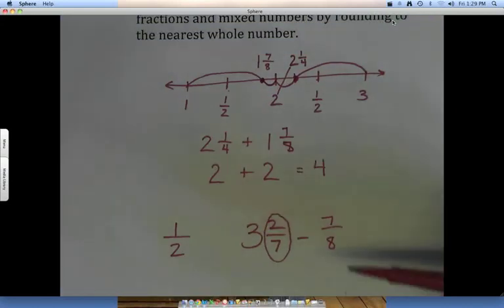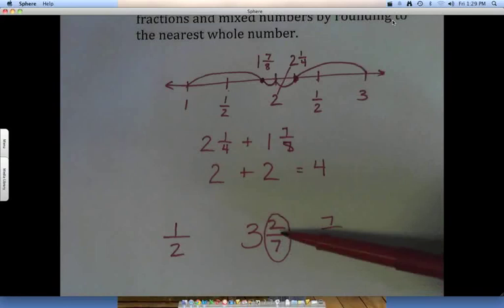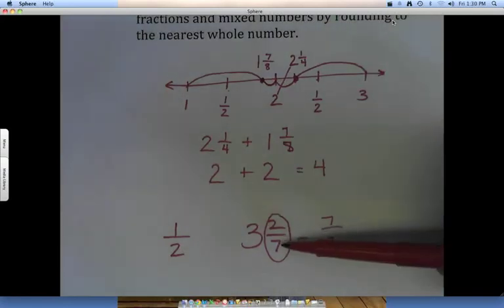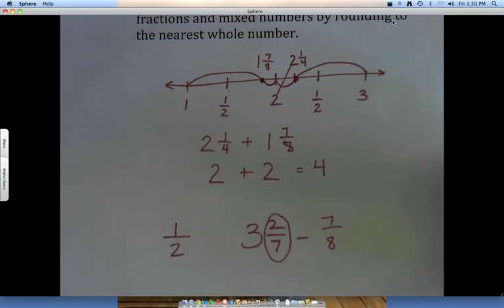If we look at 2 as a numerator and 7 as the denominator, is 2 half of 7? You can tell that 2 is less than half of 7. So since it is less than half of 7, it's going to remain 3 as a whole number. Again, this is just simply estimating.